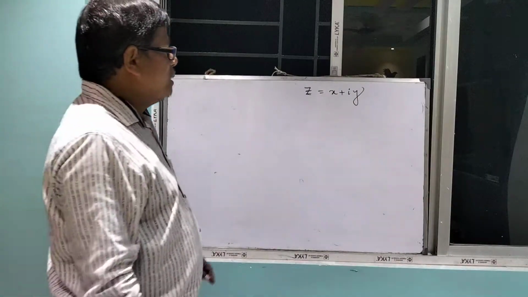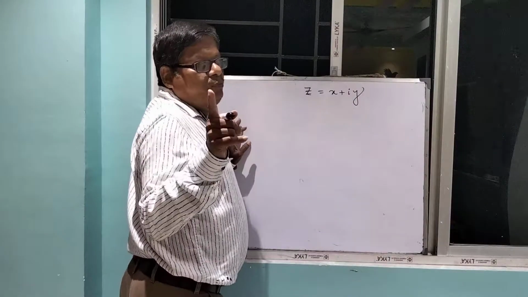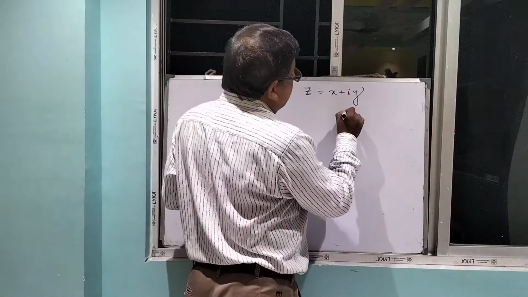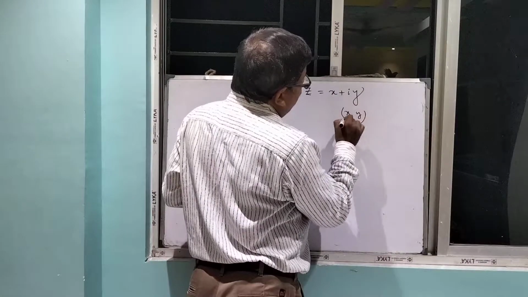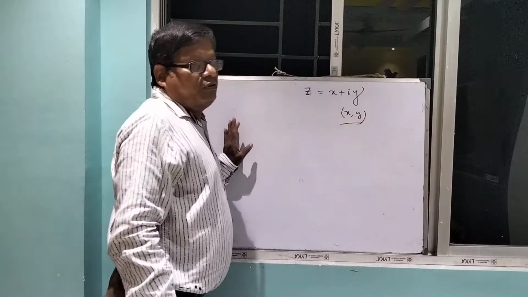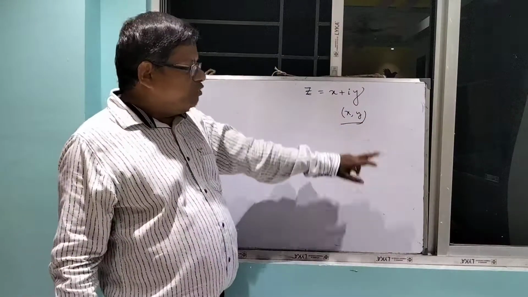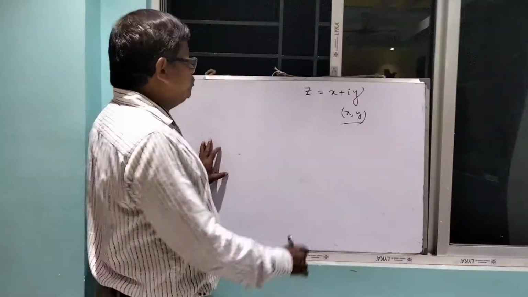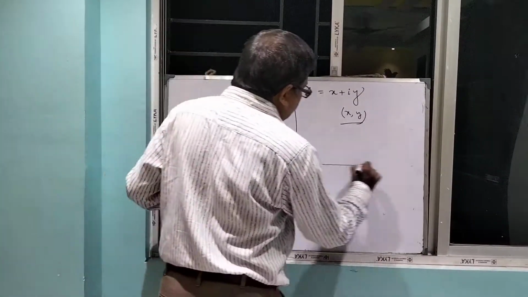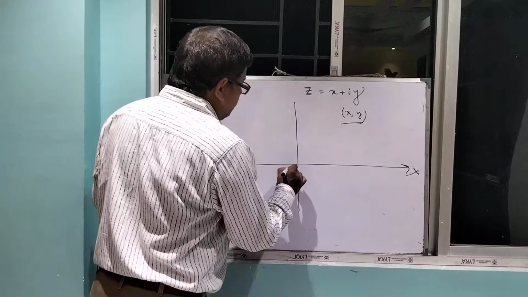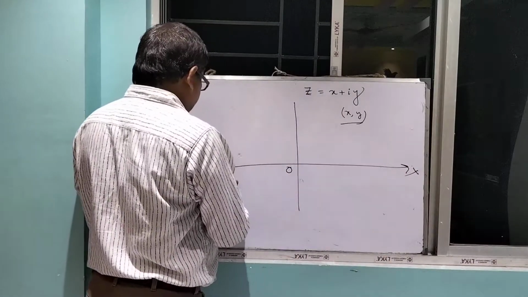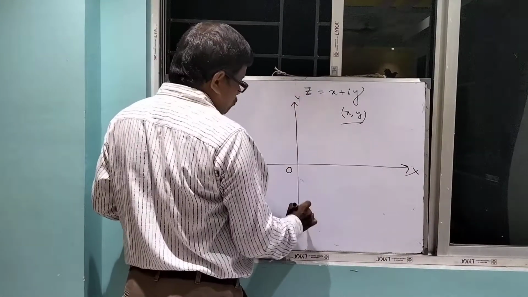Now here are the two points. x is called the abscissa, y is called the ordinate. Suppose you are drawing two axes: x axis, x dash, y, o, y dash.